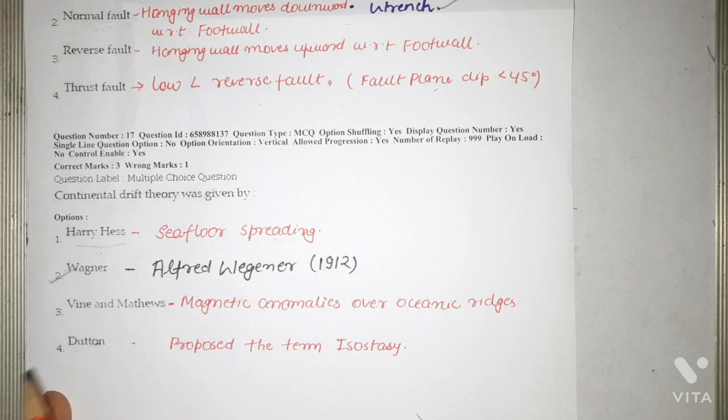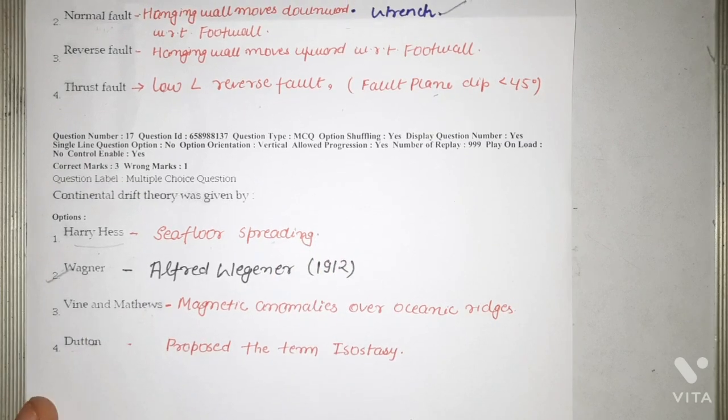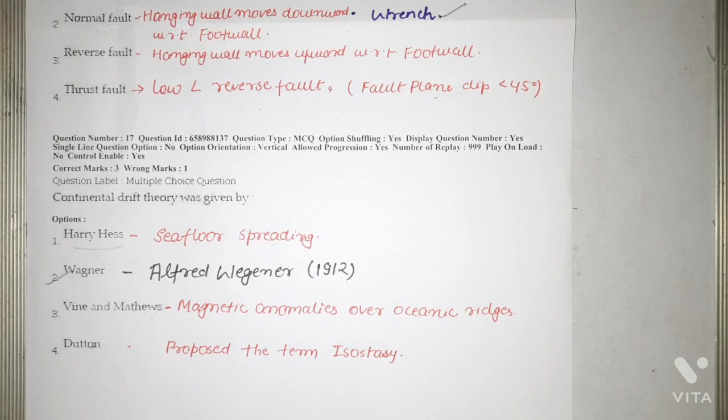Vine and Matthews noticed the symmetrical pattern of magnetic stripes on either side of the mid-oceanic ridges. They published this idea in 1963, in a paper on magnetic anomalies over oceanic ridges. It then became the Vine-Matthews-Morley hypothesis, recognizing the work of Canadian geologist Lawrence Morley, who had independently come up with the same idea.